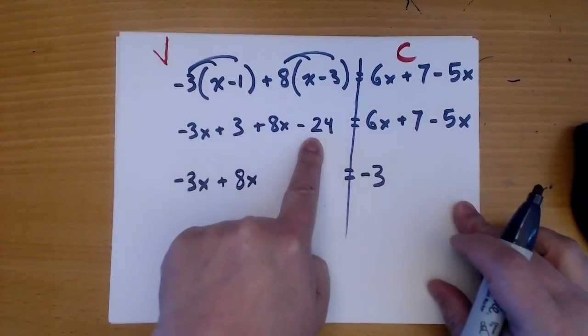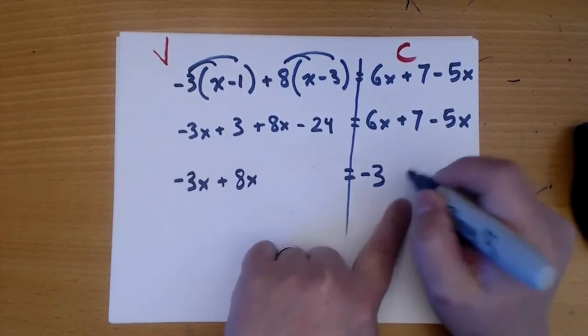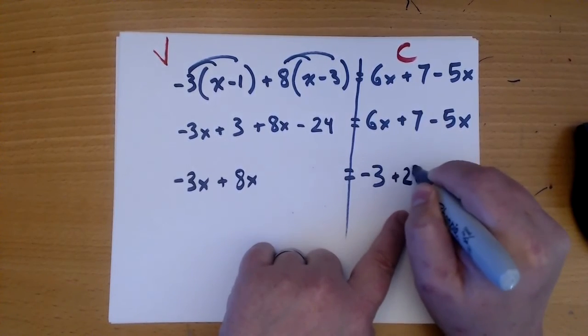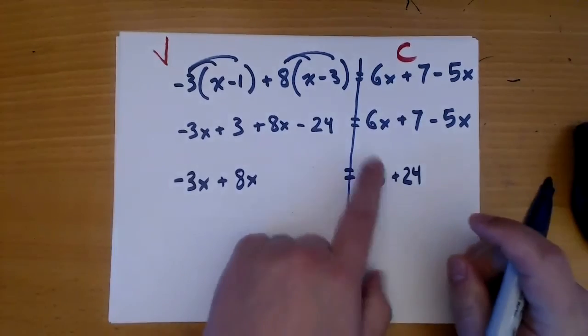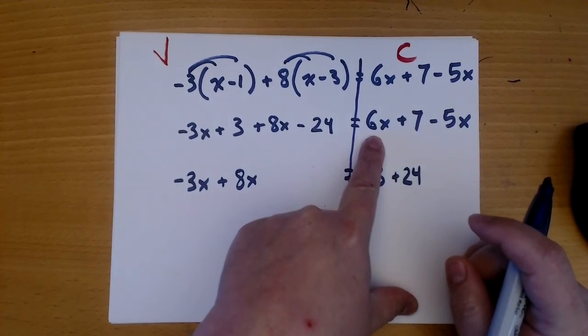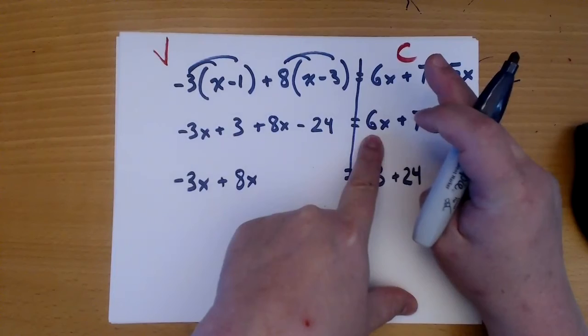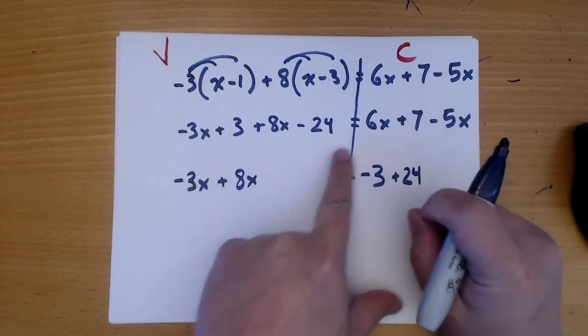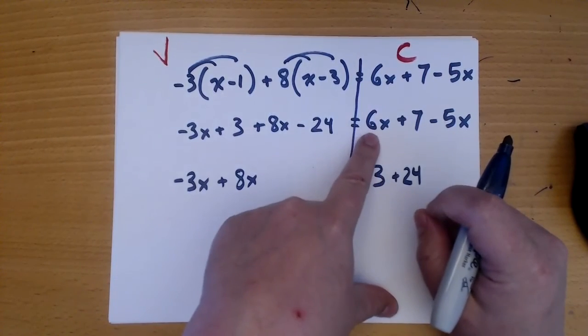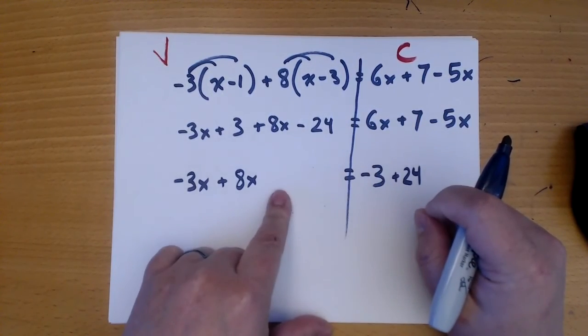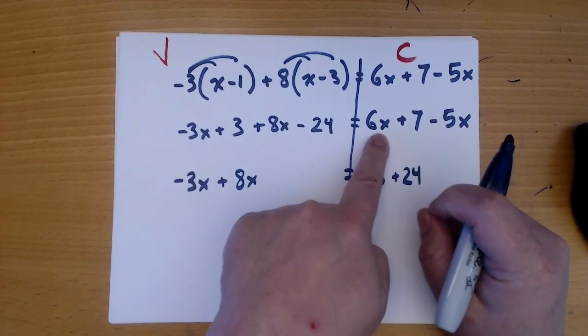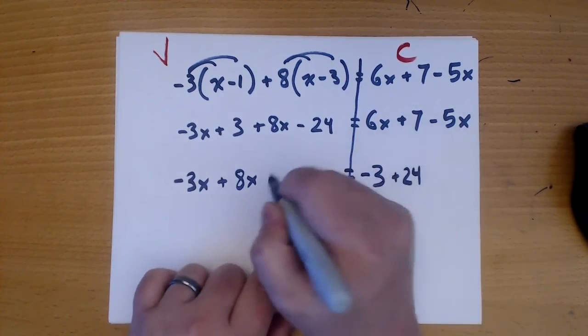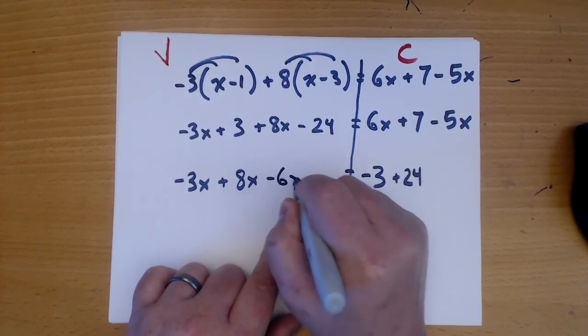So we move it, and when it crosses the line, it changes sign. 6x is a variable. It doesn't belong here because this is the constant side. So this has to come over here. And when it comes over here, it changes its sign. It's positive here, and it comes over and becomes a negative.